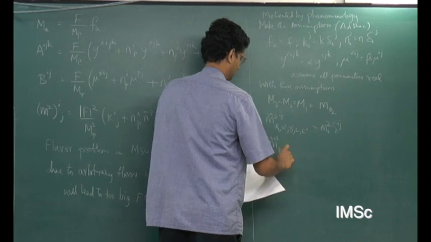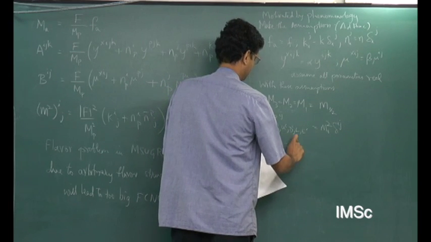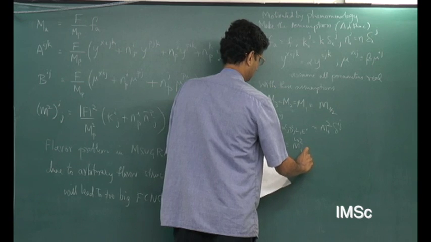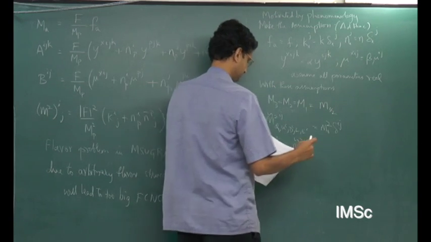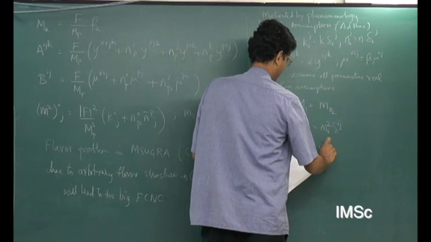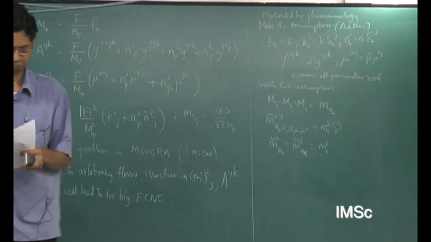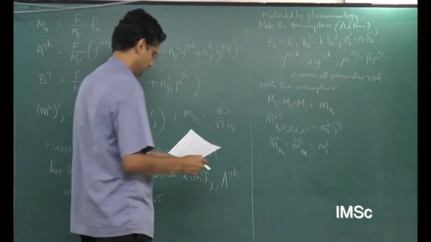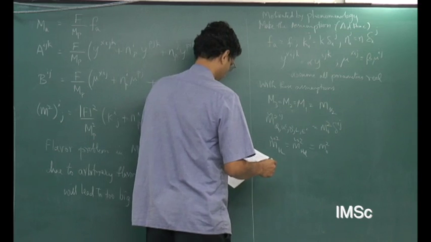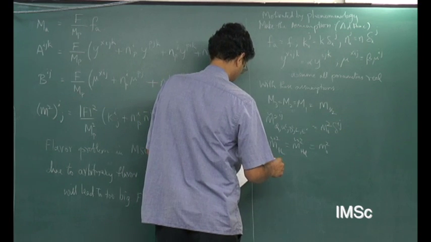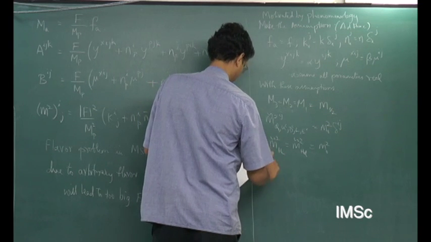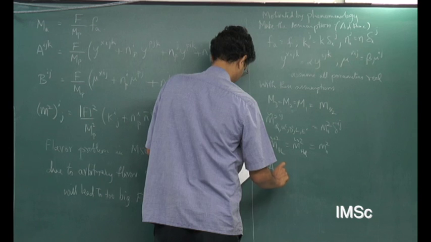And the soft masses for the H up and H down will be equal and given by the same m0 squared. All the A terms again are given by the same scale.